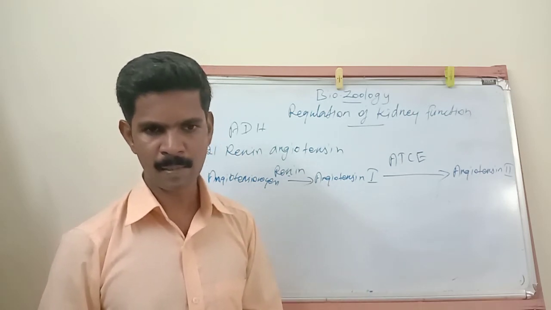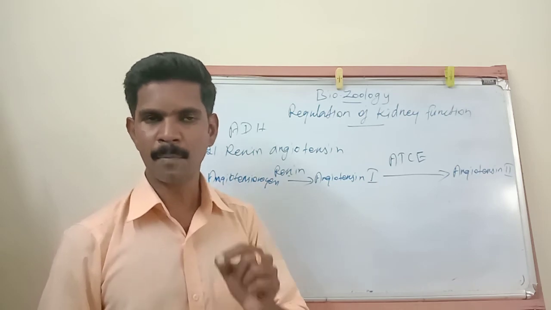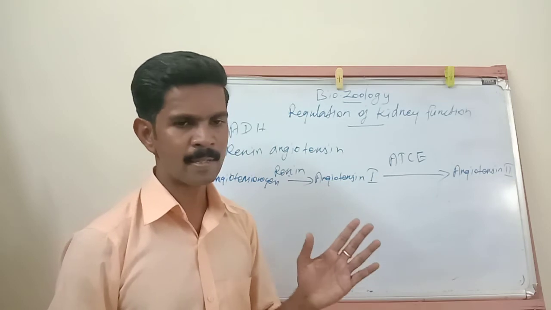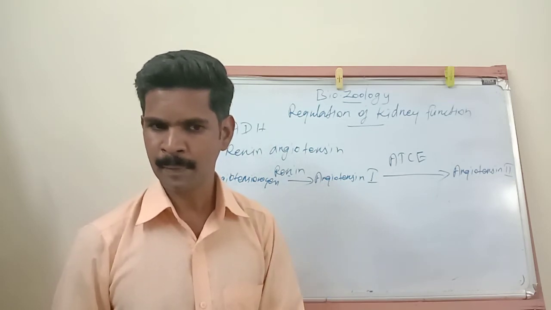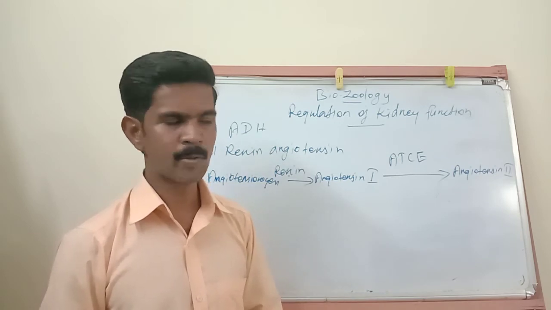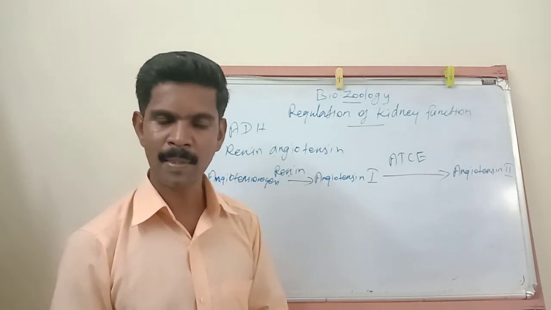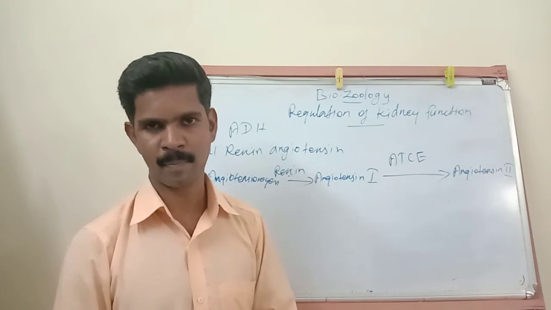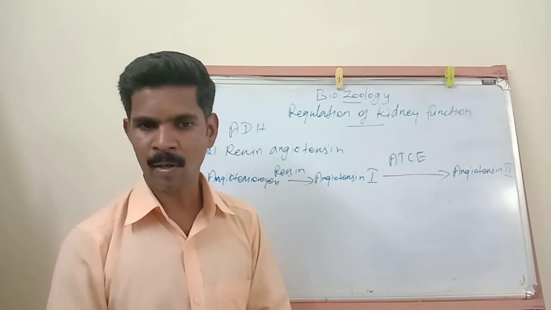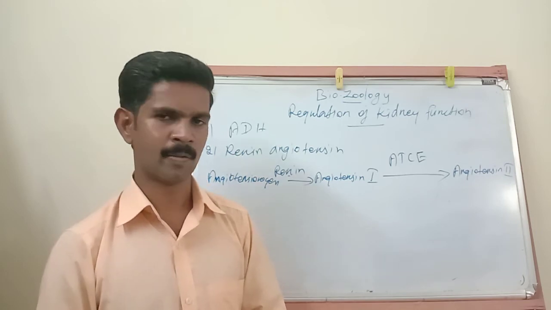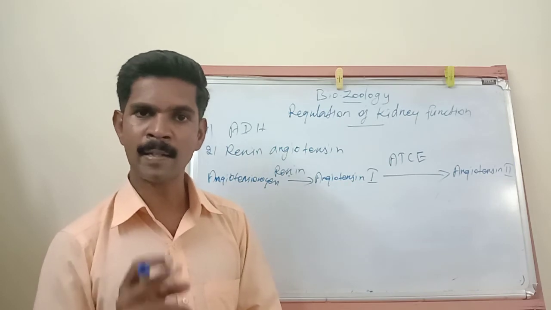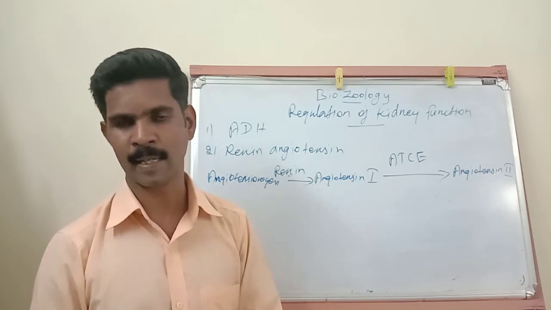Then, when this angiotensin 2 is stimulated, immediately the adrenal cortex is stimulated. This angiotensin 2 stimulates the adrenal cortex, and it also acts on the heart and kidney.